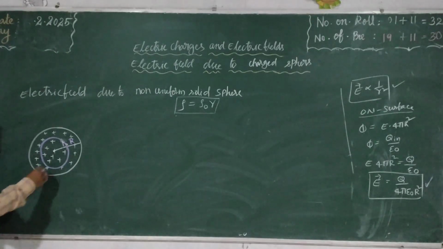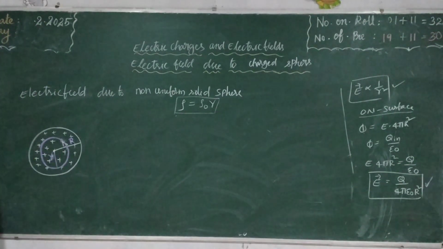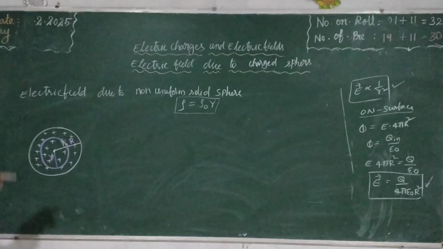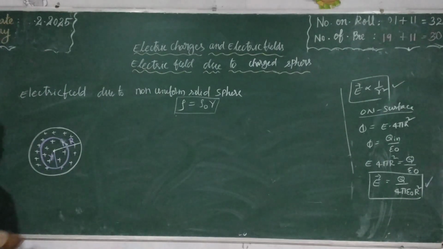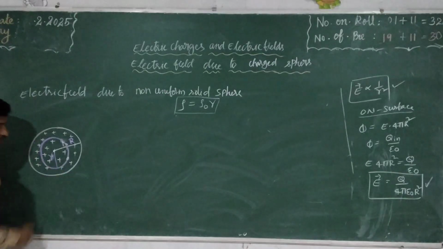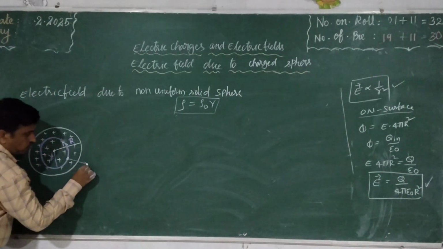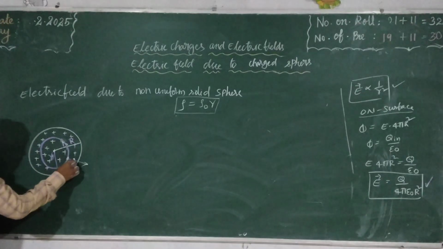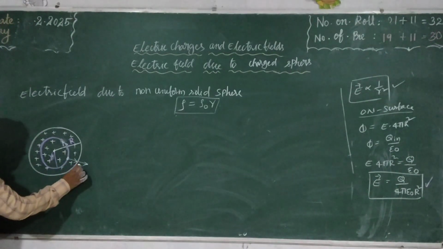We select a distance small r from the center and draw the Gaussian surface through which we first find the flux. At this point we take a small area, with its outward normal. The electric field is also along the outward normal.